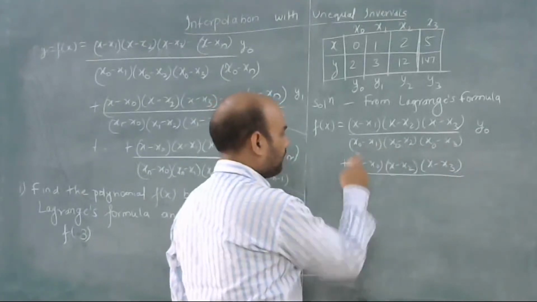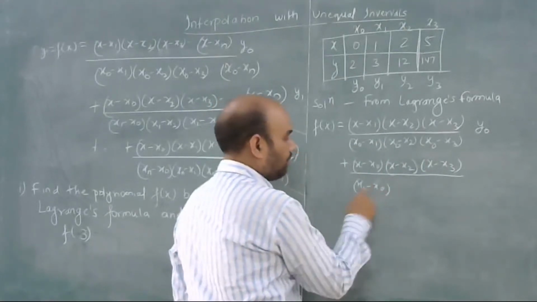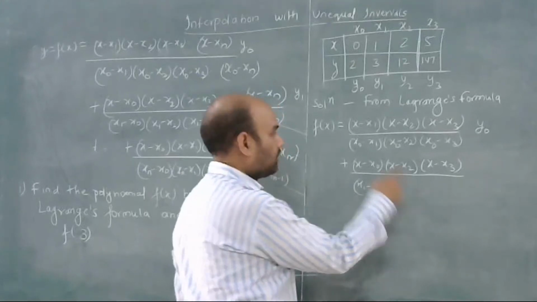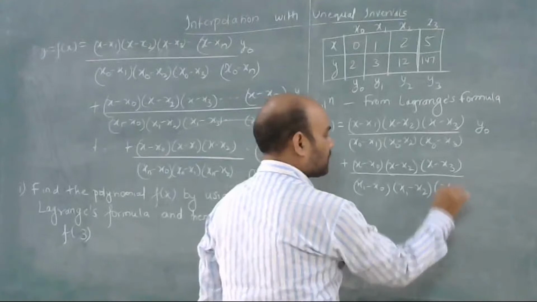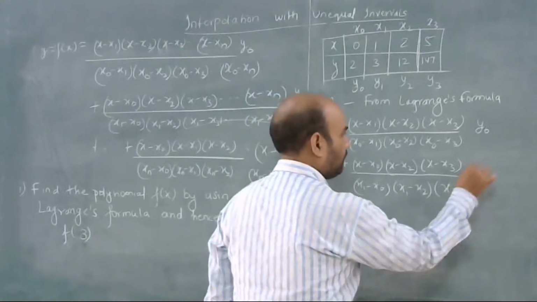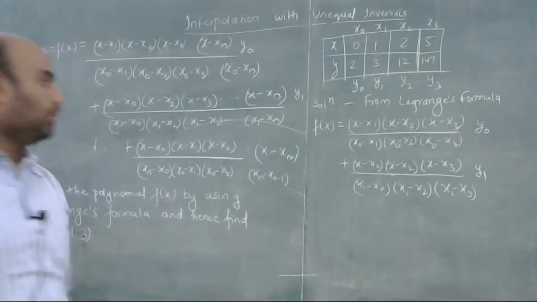And the denominator contains x1 minus x0, there will be no x1 minus x1, so (x1 − x0)(x1 − x2)(x1 − x3) into y1. In this manner you have to write the formula.